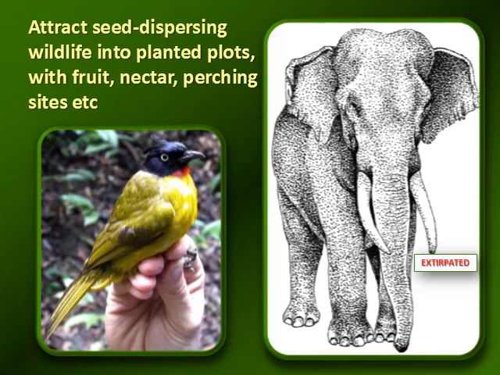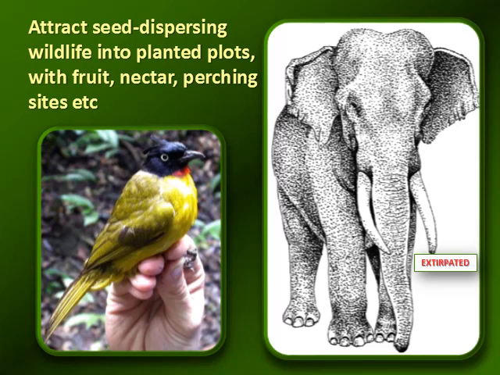Luckily, in tropical forests, most of the other species are dispersed by animals. So if you can attract those animals to come into your planting site, then the animals will do 90% of the work, will bring in 90% of the species, and you need only plant around 10% of the tree species that should be there.